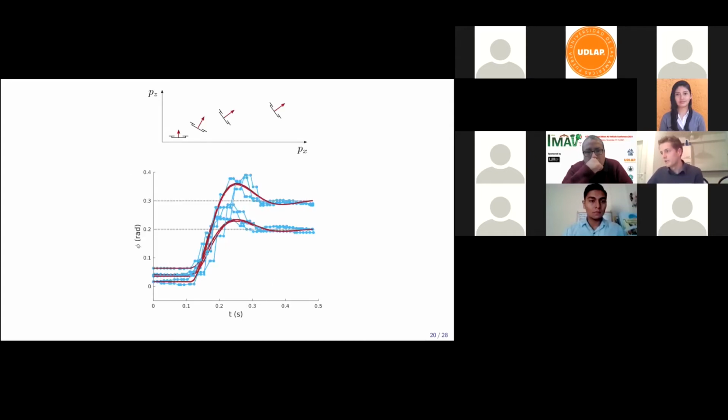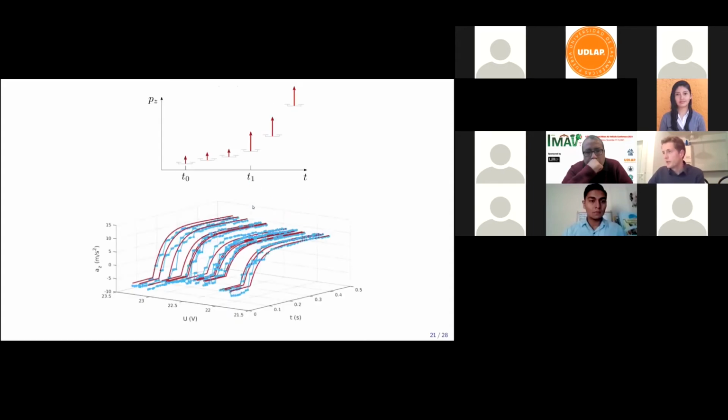And then the results of the fit I actually already showed you before. So we see that we have our delay and then our second order response. For the vertical response, again, we see our first order behavior and lower response for lower battery voltages.